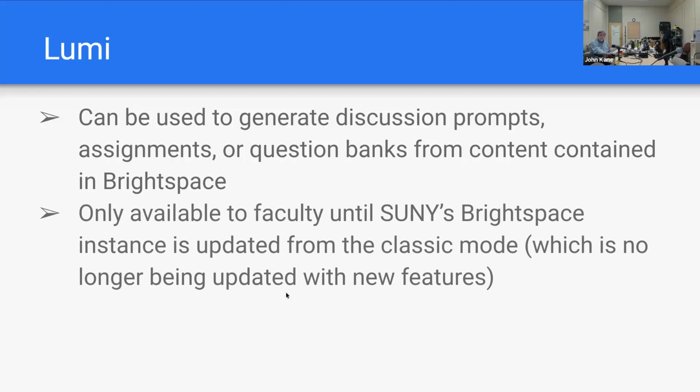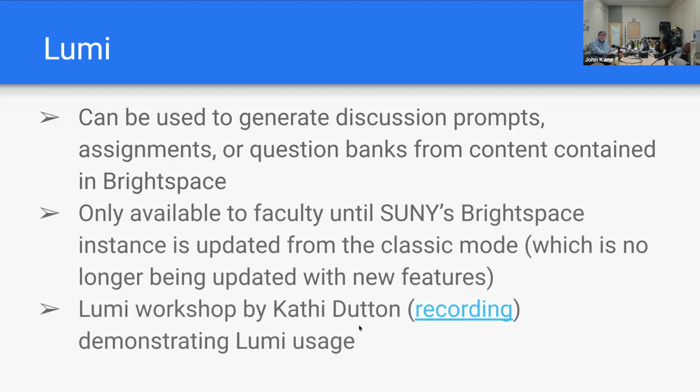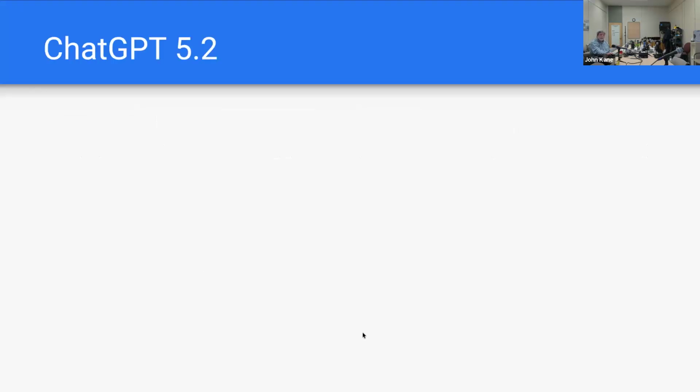And again, we will have a new version of Brightspace at some point in the foreseeable future, at least. And the students will then have access to AI tools right within Brightspace. And here's a link to that recording if you want to see how Lumi works. And it's a nice little package.